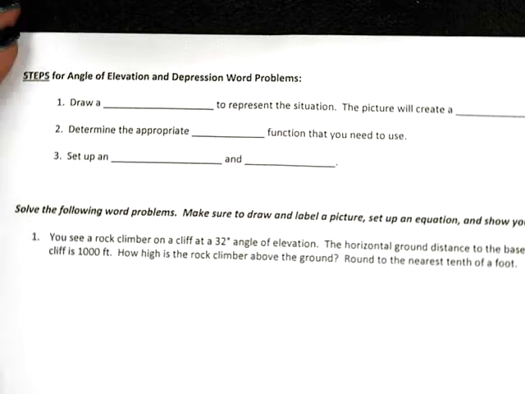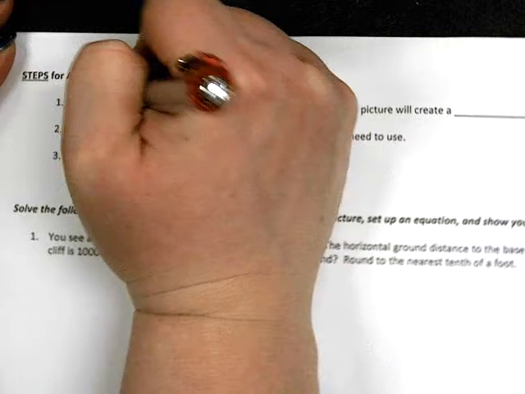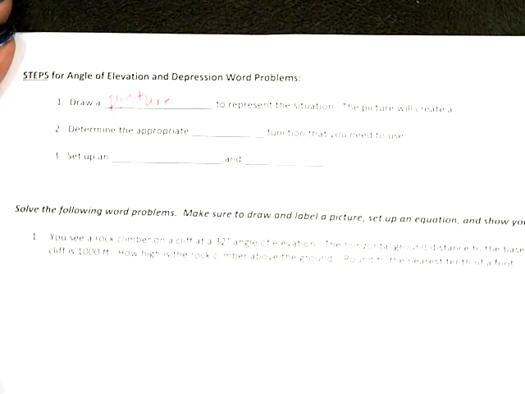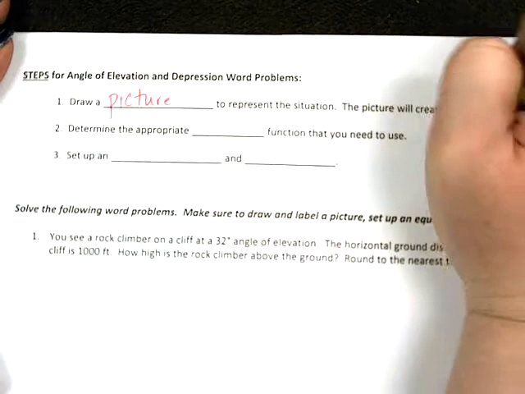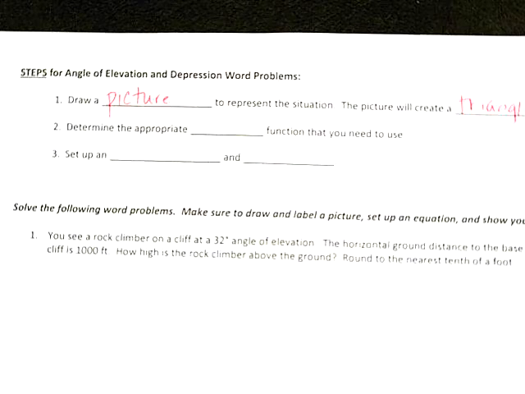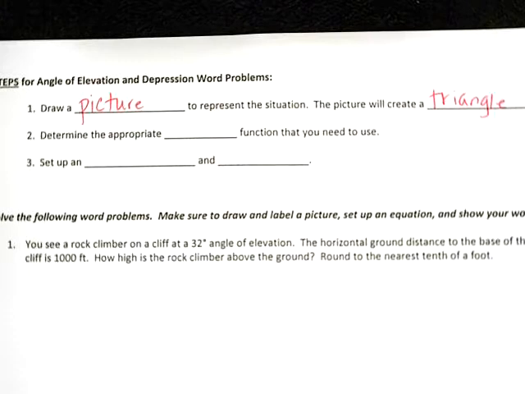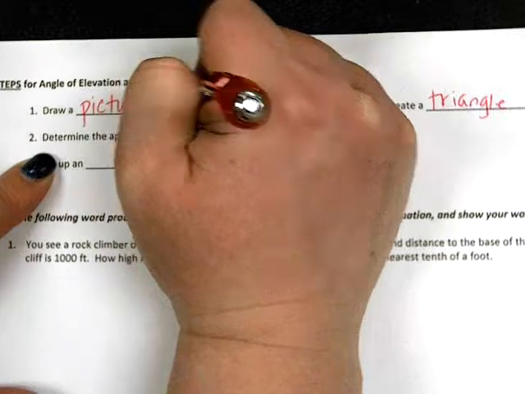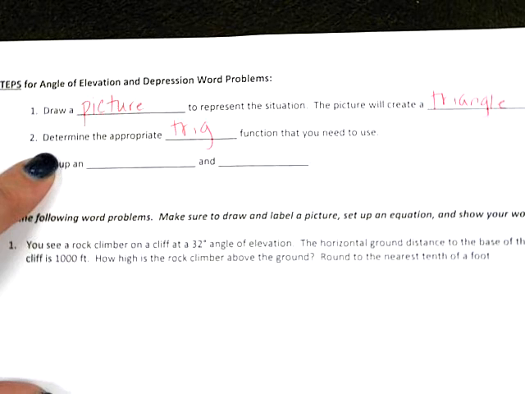So first thing we're going to do is draw a picture to represent the situation. And this picture is going to create a triangle, right? Think about what this chapter is all about. This chapter is all about trigonometry. And we're using trig in right triangles, which means that's what we're going to have to make, right? Then we're going to determine the appropriate trig function that we need to use.